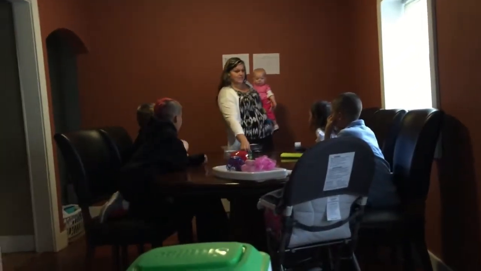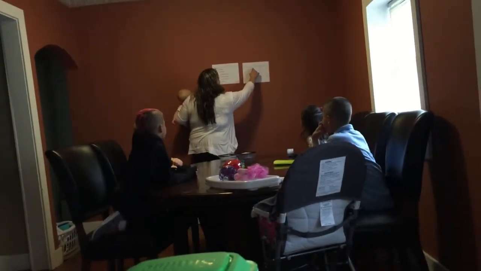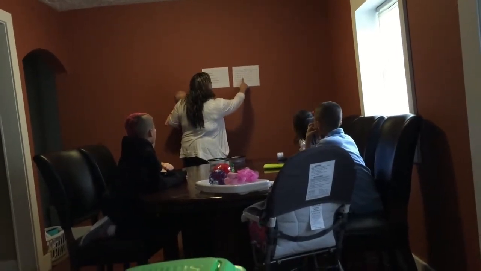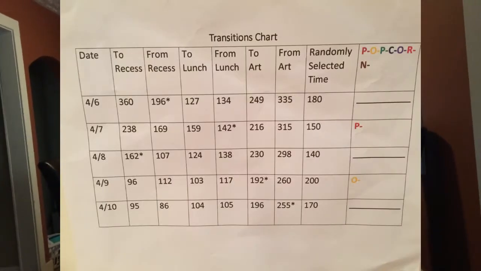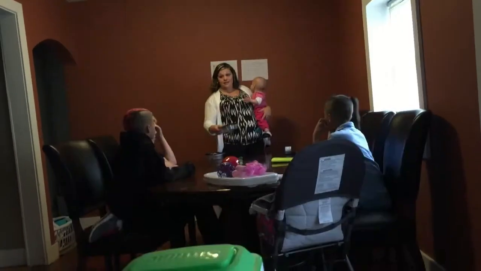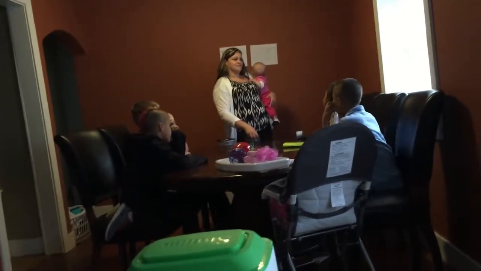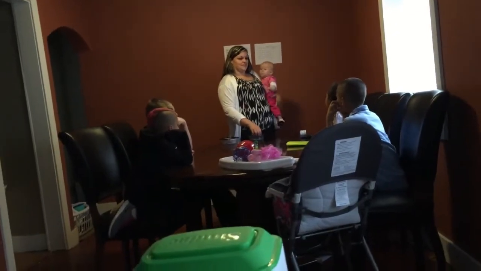Okay? So now we got to see how much time do we have. And how long did it take us to get to lunch? To lunch was 124 seconds. So we have to be less than 124 seconds. What about if it's like at 5?